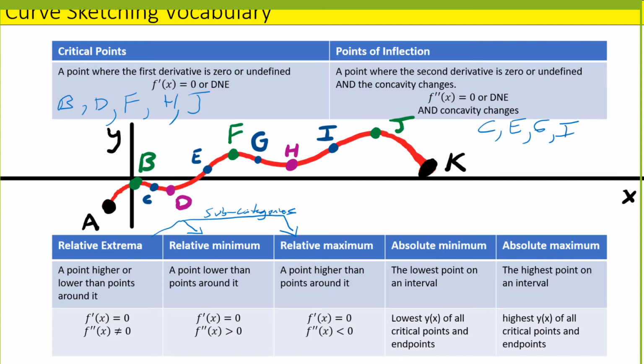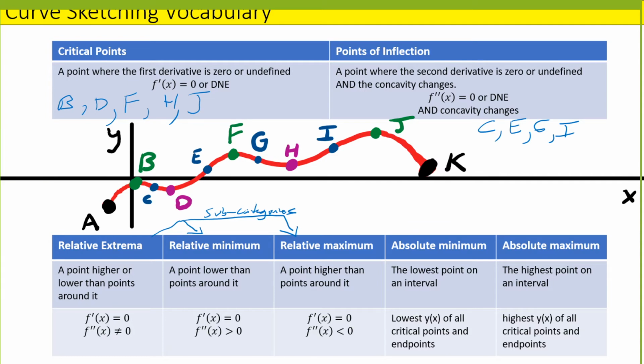Sarah, can you give me one point that is a relative minimum? A is not a relative minimum, no. There aren't any points to the left, so we don't have any points around it. Okay, D is good.